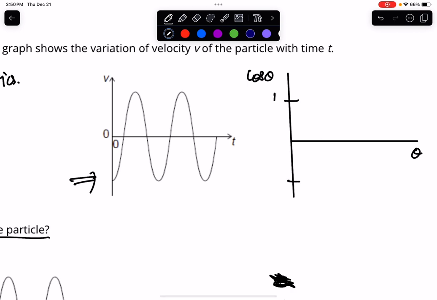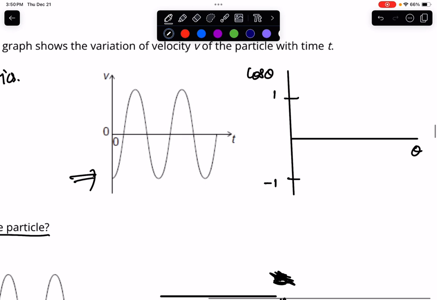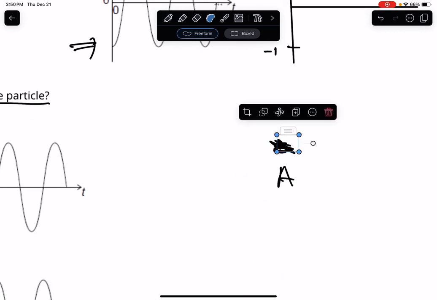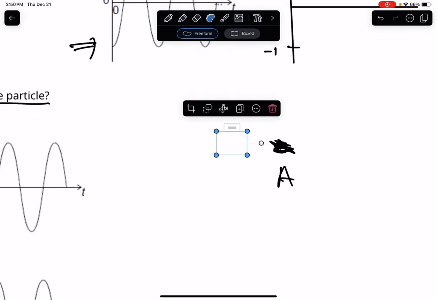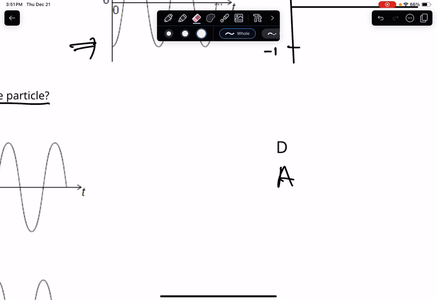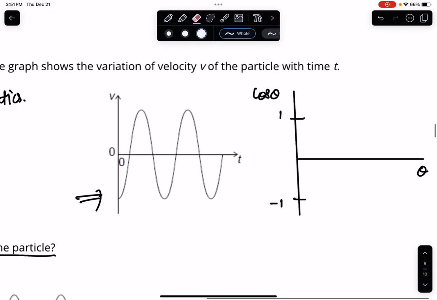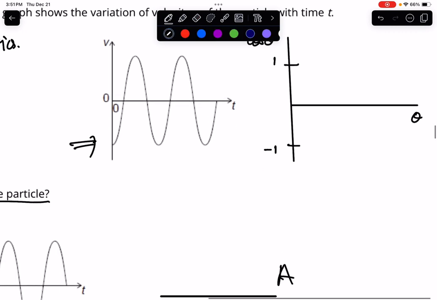First of all, the cosine curve will oscillate between 1 and negative 1. The maximum value will be 1 and the minimum value will be negative 1.